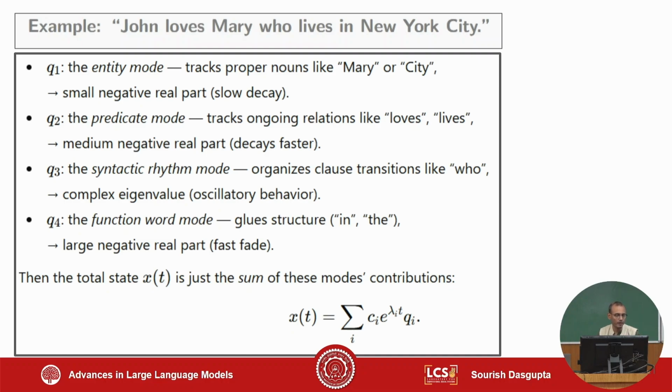So it has an oscillatory behavior, right? And Q4 is the function words like in, the, and so on, that glue everything into a phrase. So it can fade fast. So if you collect all of these eigenvectors together and sum it up, you get the overall xt. That is how you should be interpreting an SSM.